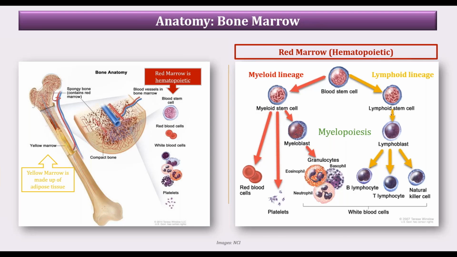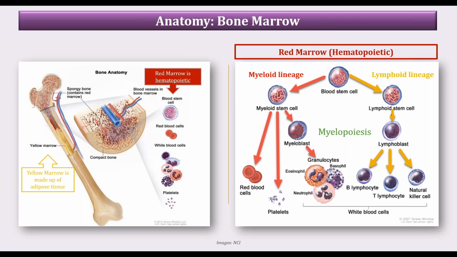There are two types of bone marrow, as I just discussed: red and yellow. Yellow is made up of mostly adipose and fat tissue. Red marrow is the hematopoietic marrow, meaning blood cell producing. It contains blood stem cells that can become red blood cells, white blood cells, or platelets.